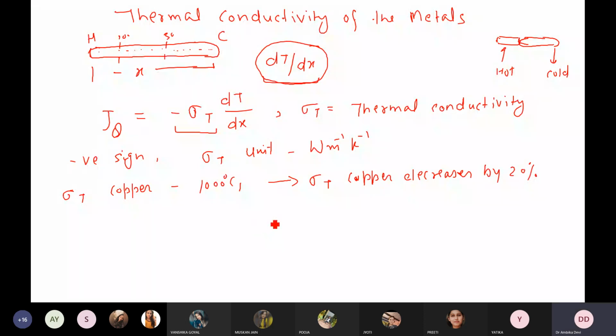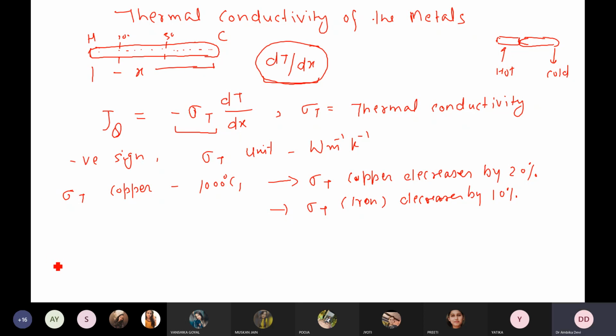Similarly, sigma_T for iron decreases by 10%. So we can say that thermal conductivity decreases slightly with increasing temperature. Okay, so this is another important feature.